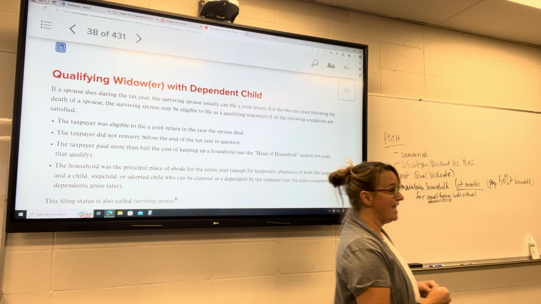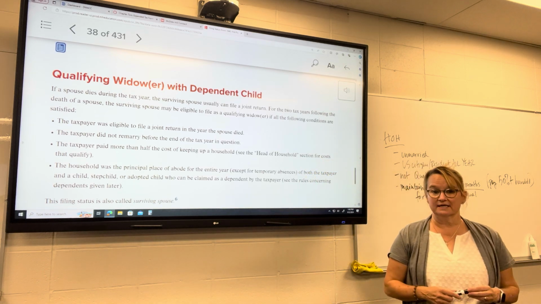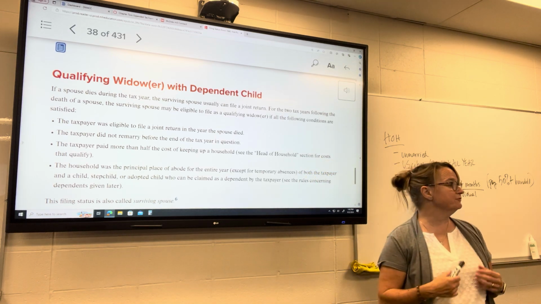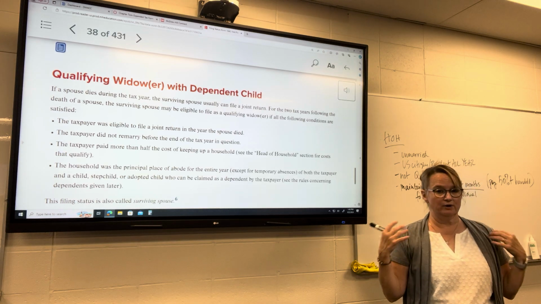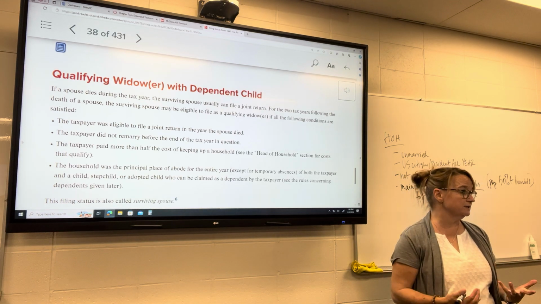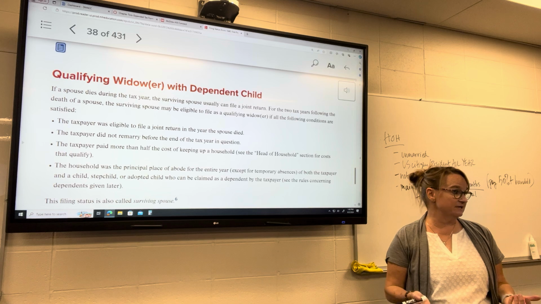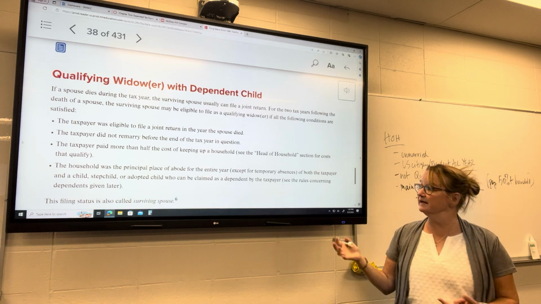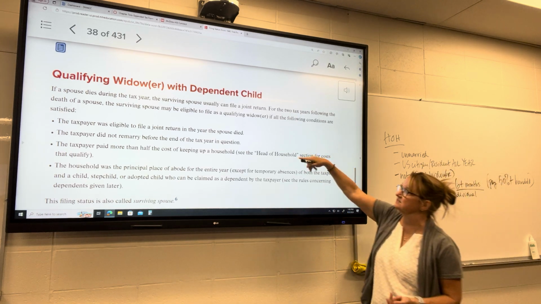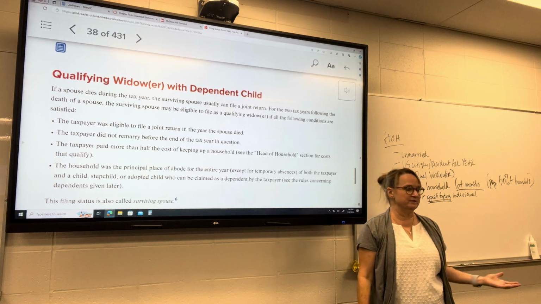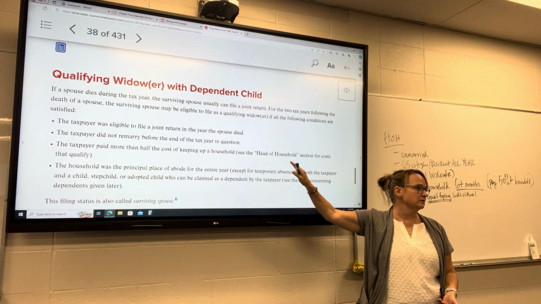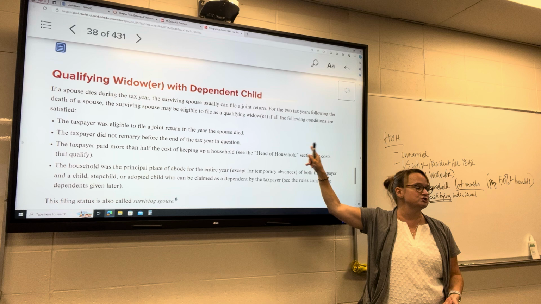And they have to have a child, a dependent child. So if grandma loses her husband during the year, she doesn't have a dependent child, grandma doesn't qualify for qualifying widower status. That dependent child is required.